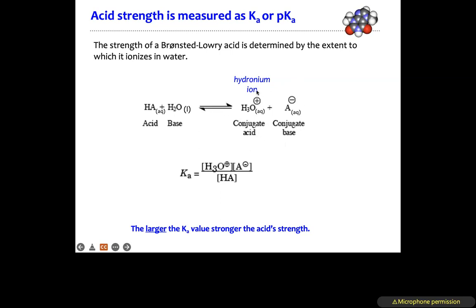So the more we have these ions, the stronger the acid is going to be. We can conclude that the higher the product, which are these ions, the higher the Ka value, which is going to give us a stronger acid. So this is a very straight relationship between these ions, Ka value and the strength of acid.